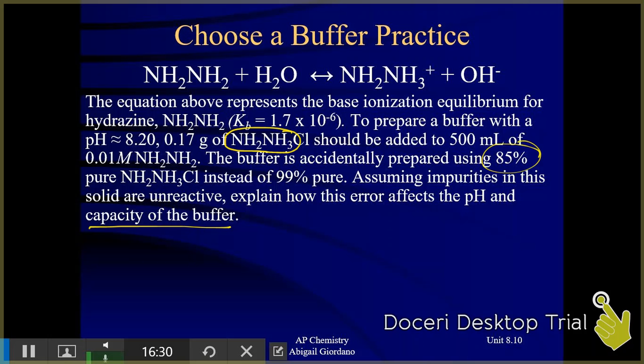Okay, that means the capacity of this buffer is going to be less. If you have less of either player, either the base or the conjugate acid, the capacity is going to be less. Okay, so I can answer that question right away. Now let's talk about the pH.